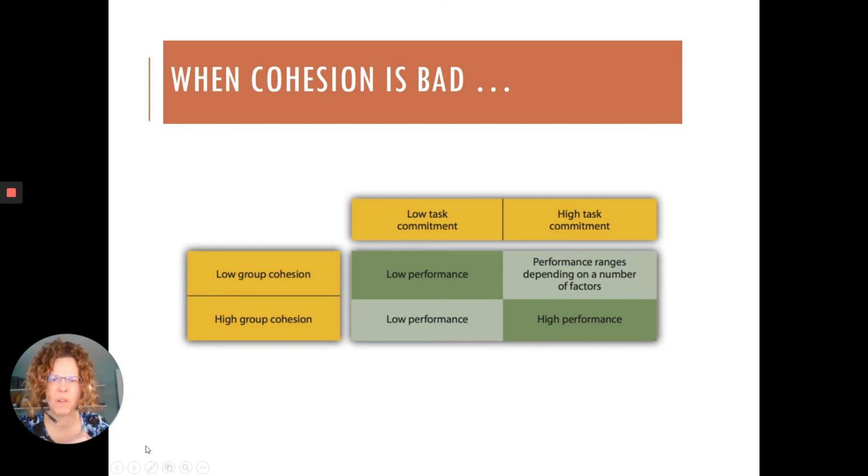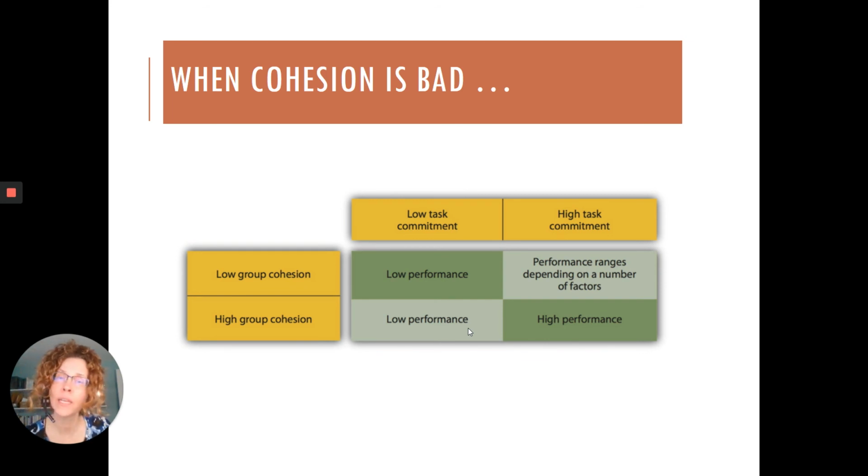But what about when you've got high group cohesion and low task commitment? In other words, these people stick together like glue, and they don't want to do the job, or they don't want to do it well. What should we expect in terms of performance? Low, the worst. These people will actively do everything they can to not do a good job.